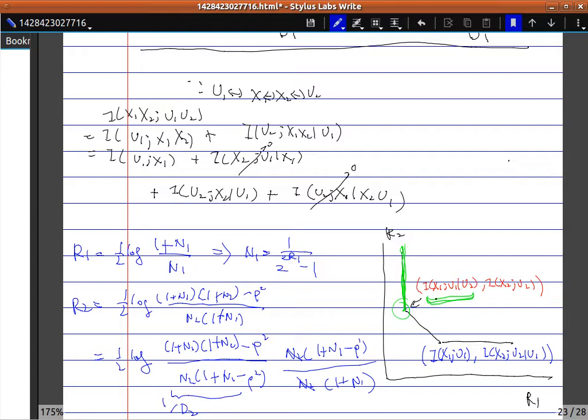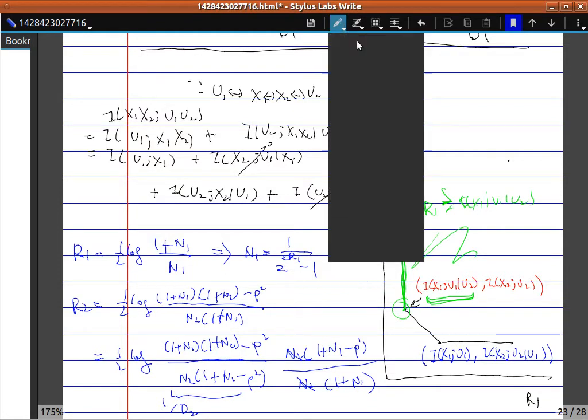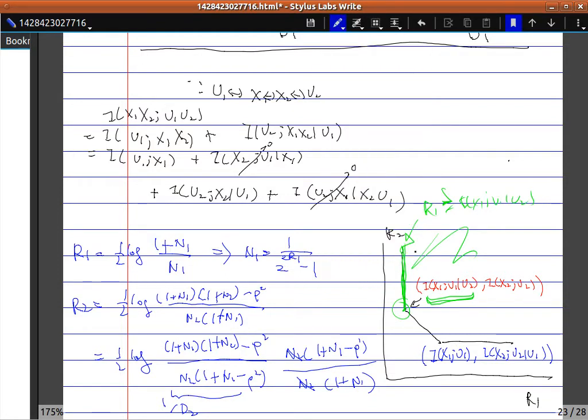It's equal to I(X1; U1 | U2), because this region is R1 bigger than or equal to I(X1; U1 | U2). So therefore, for this point here, just consider R1 is just I(X1; U1 | U2).